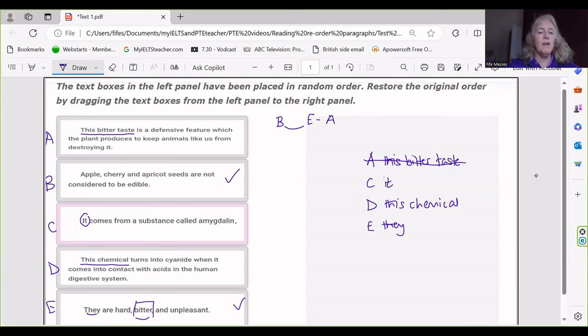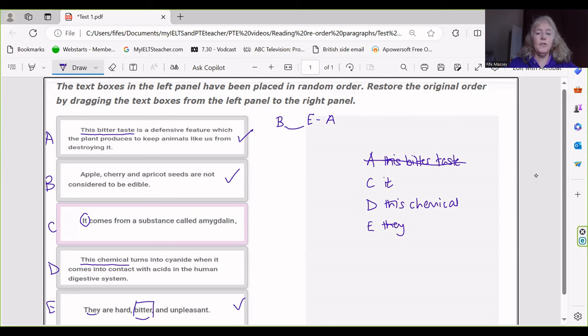Because we've got apple, cherry, and apricot seeds. They, that's the only sentence where I've got a plural something, which could then relate to sentence E, they. So I've now managed to match E, B, and A together, which is making it much, much easier now to try and work out what happens with C and D. They're going to have to come after BEA because those three are definitely connected together.